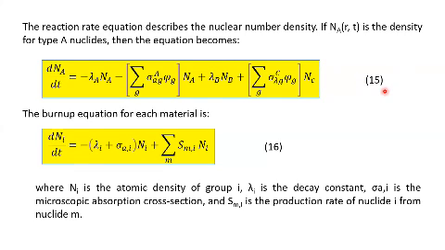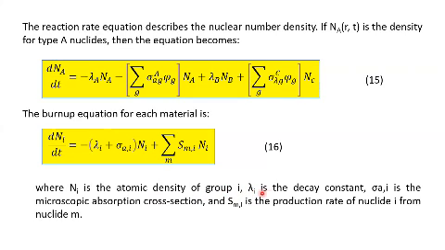This is the burn-up equation, with the first term on the right side being radioactivity decay from A, the second term being neutron capture from A, the third term being decay from B to A, and the fourth term being the transfer from C to A via neutron capture.